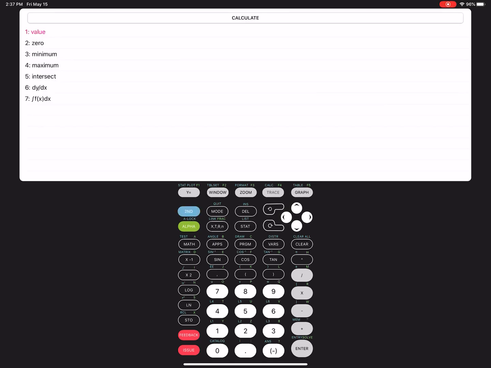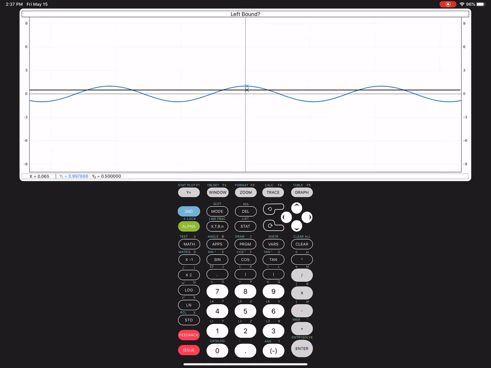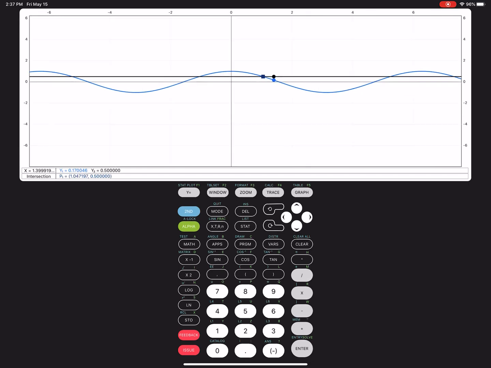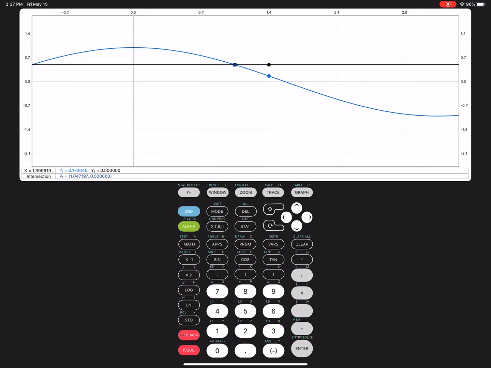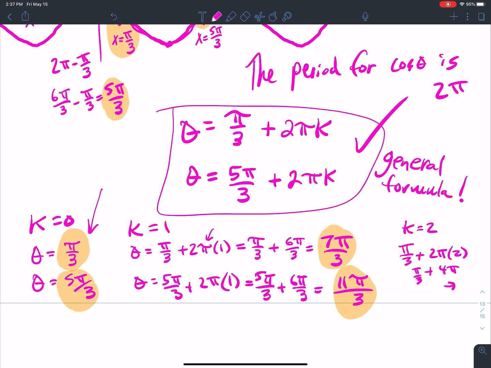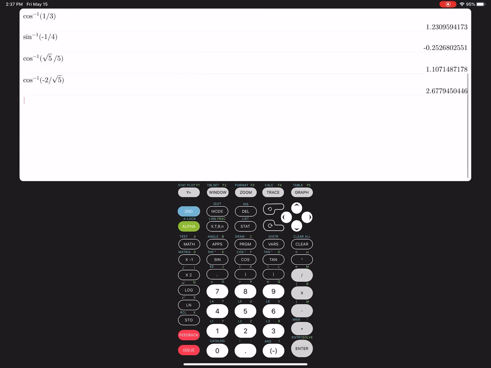If you do second, calculate, intersection, with a left bound and a right bound, it says the intersection is 1.047, comma 1/2. So that gives me a theta of 1.047. Now, if I plug pi over 3 into my calculator, we can see hopefully that that's going to be real close.